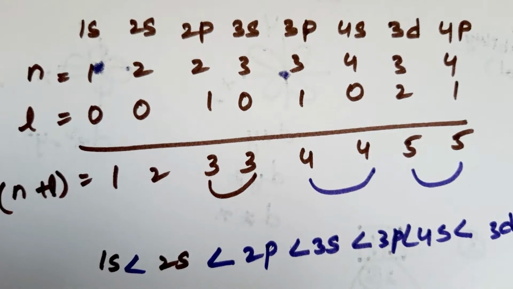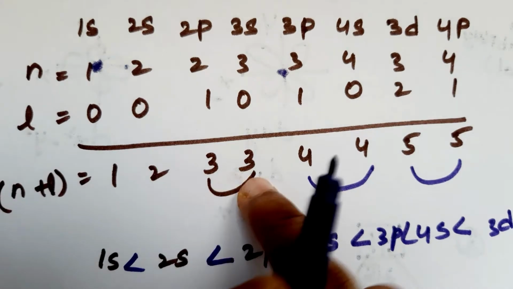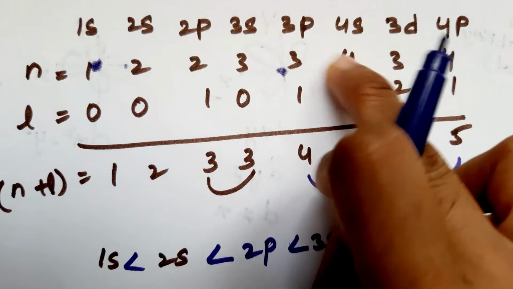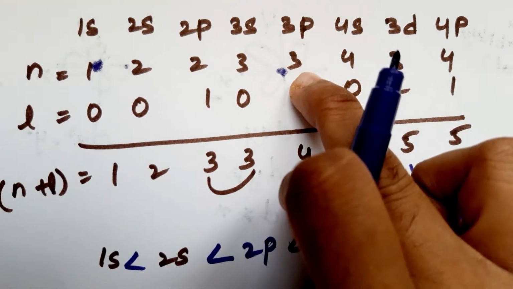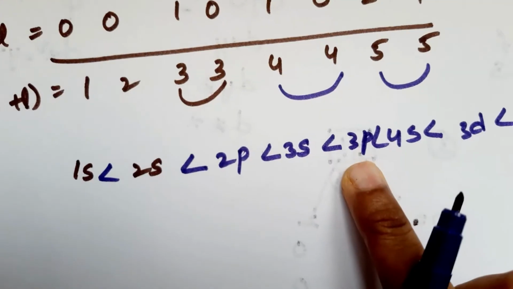Here for 2p and 3s, the n plus l values are the same. Both have the same value, so take the lowest n value. Out of 2p and 3s, which has the lowest n value, students? Here 2p. That's why I am taking it like this. Similarly, out of 3p and 4s, which has the lowest n value? 3p.